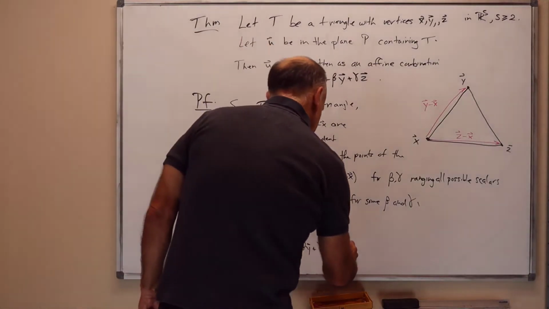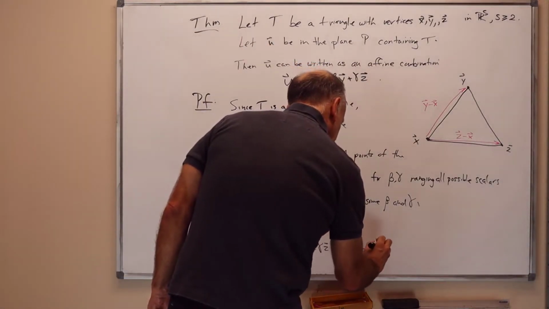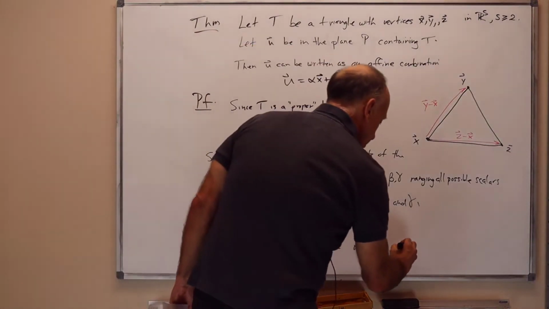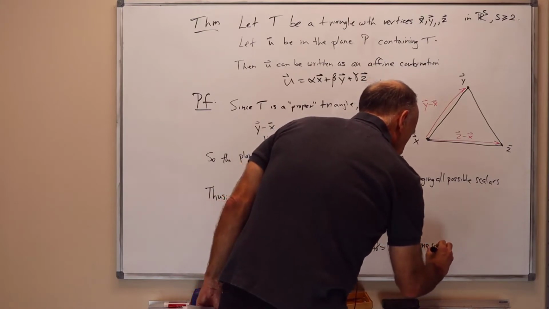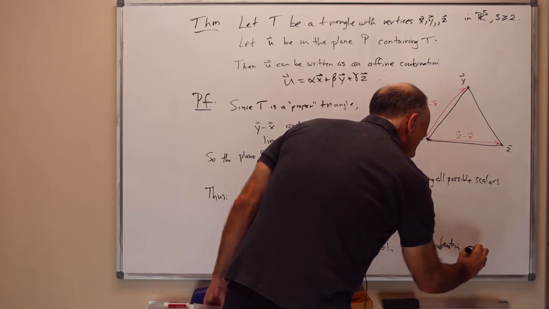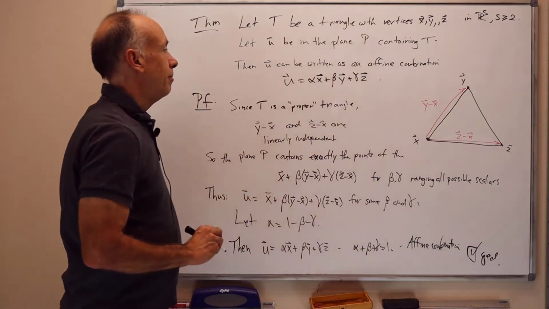And so we have alpha plus beta plus gamma clearly equals 1, because alpha is 1 minus beta minus gamma. So this is an affine combination. So QED on this theorem as well.